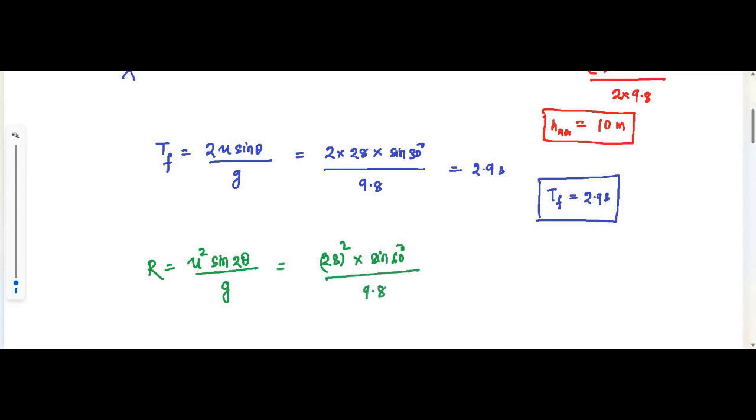The result is coming around 69.3 meters. So the horizontal range is 69.3 meters. This is the formula based approach.